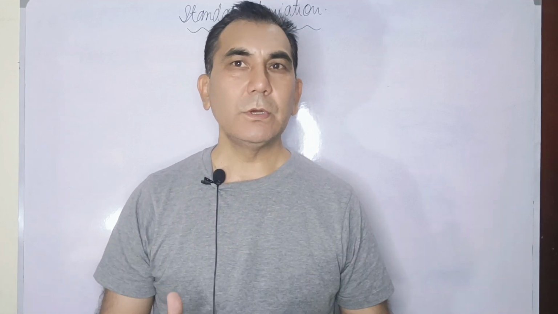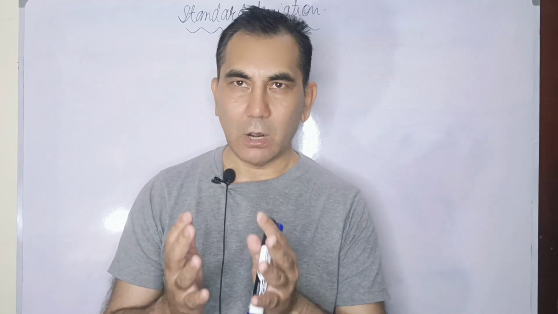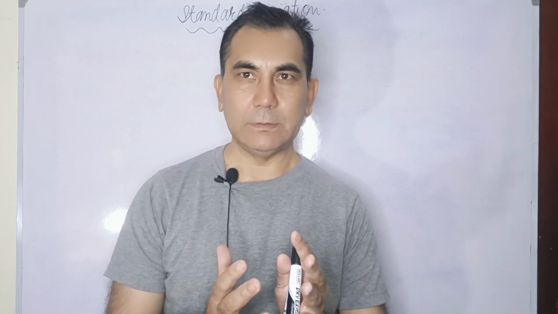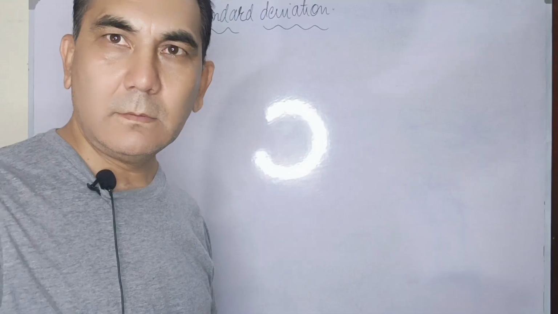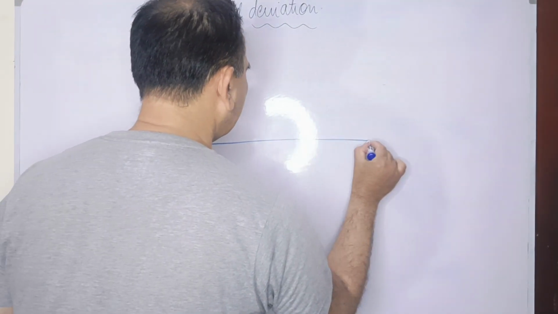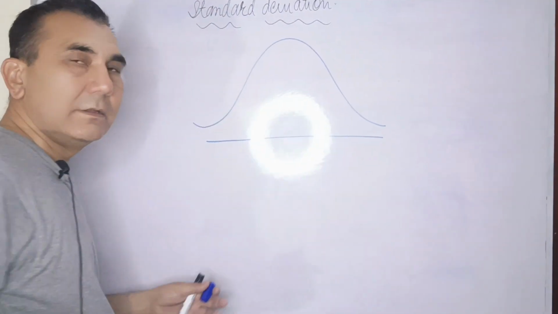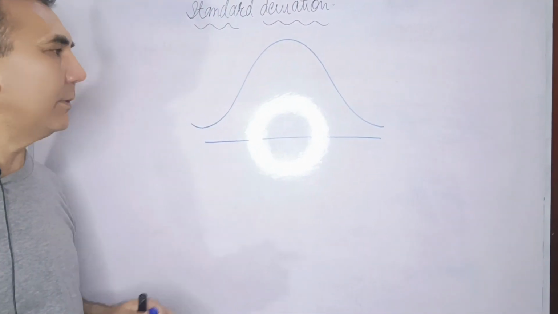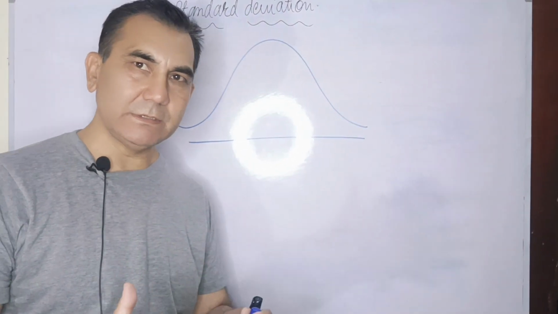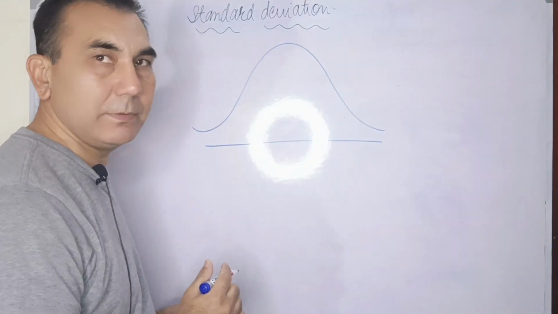Let's clarify our concept of how to measure the standard deviation through an example. Let's see over here. This is the bell shape of a data set. If data is normally distributed, it always gives the bell shape.